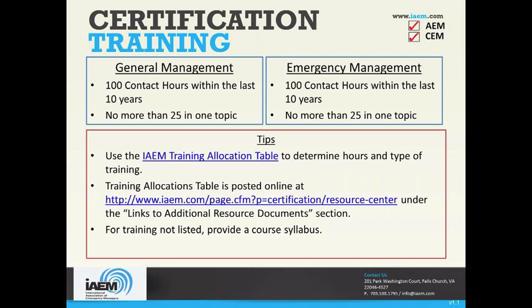So if you're going to use a document to prove this, and it's a plain Word document that anybody could type up that has no signature, the commissioners are not going to allow that, and that might get kicked back to you if you didn't have the correct number of hours. So both AEMs and CEMs must have their 100 hours of training.